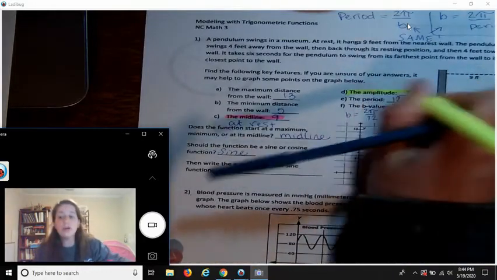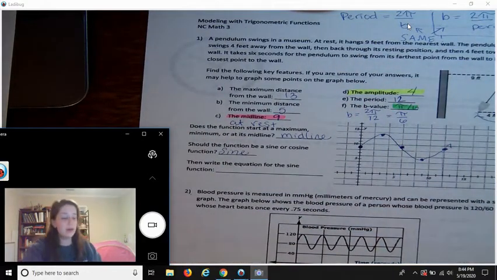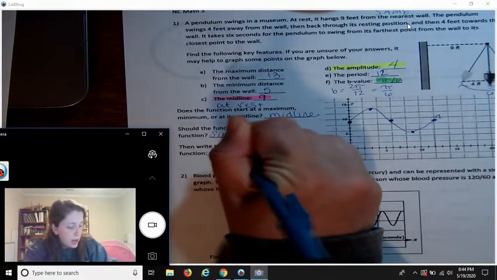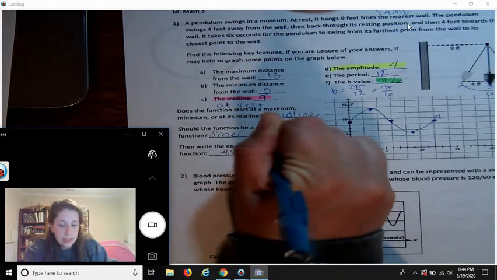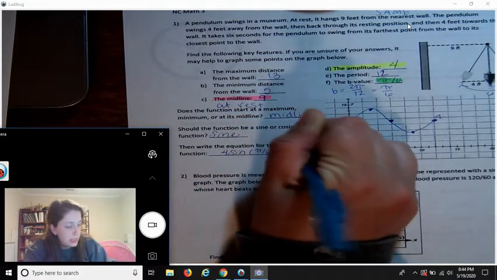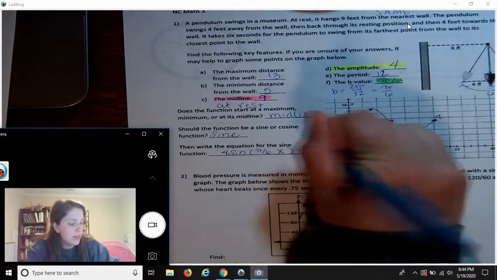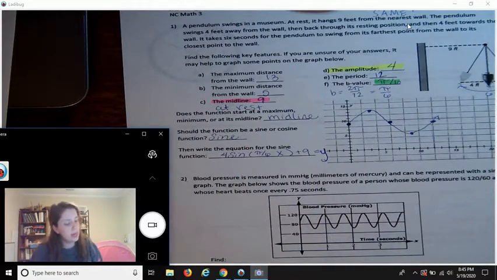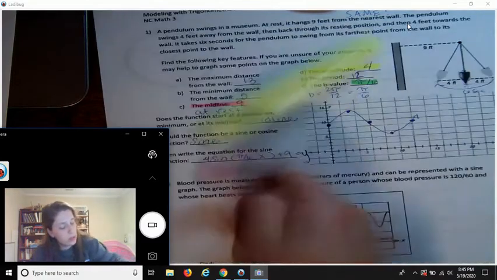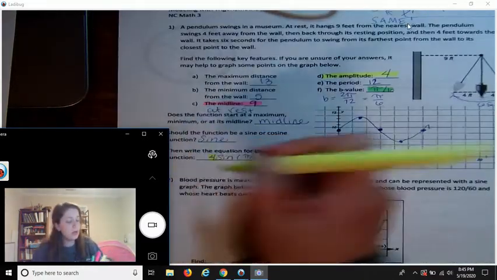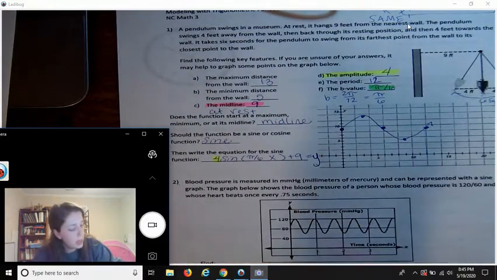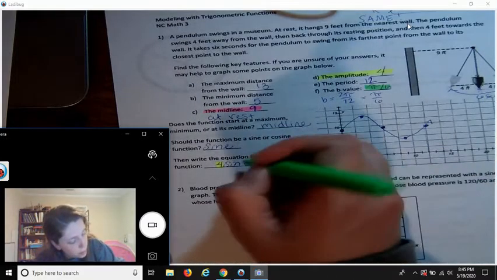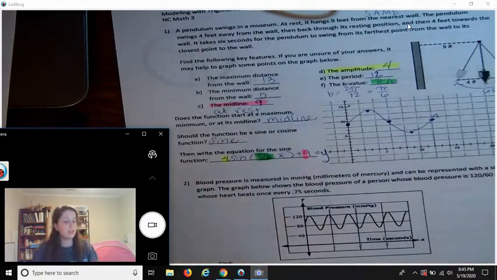And I'm going to fill in the equation exactly like you had it on your notes. So we have 4 sine of pi over 6x plus 9, and it needs to be an equation, so I have to have y equals. I could have put that at the very beginning. My amplitude was my yellow piece from the notes. My midline was the pink piece from my notes, and my period or my B value, which comes from my period, was the green piece.